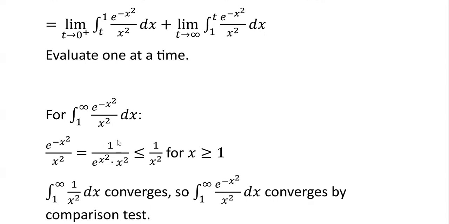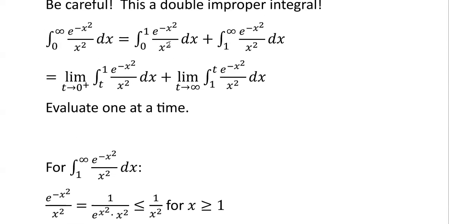So most people would say, oh, we're done, and thus it converges. And then the grader, professor, whoever is scoring the exam will mark you wrong. We have to check this integral as well, same thing.